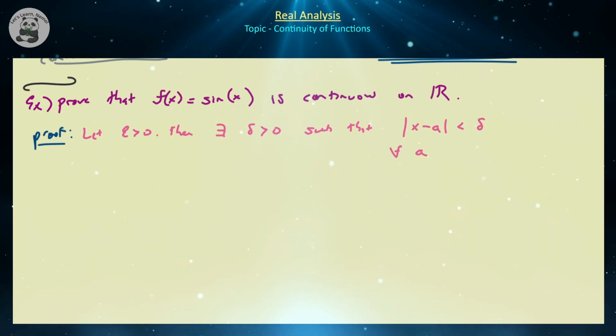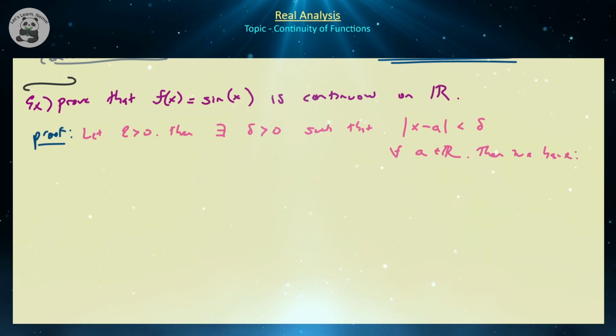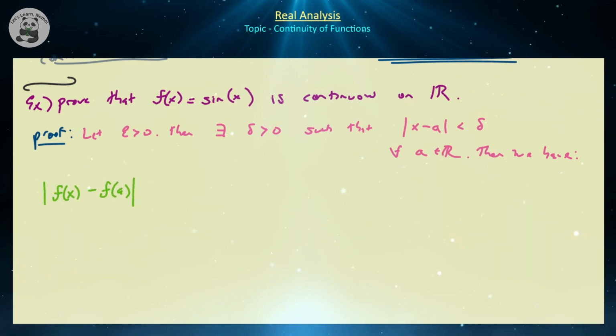And keep in mind, this is going to be true for all a in the set of real numbers. Then what do we have? We need to show that the absolute value of f of x minus f of a must be less than epsilon without choosing a particular value of a in the set of reals.